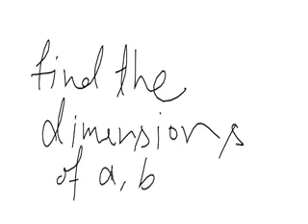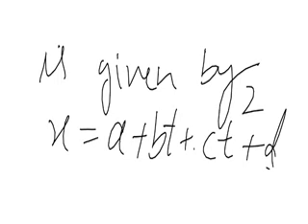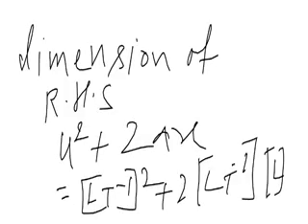The distance covered by a particle in time t is given by x equal to a plus bt plus ct square plus d. Find the dimensions. Do it.